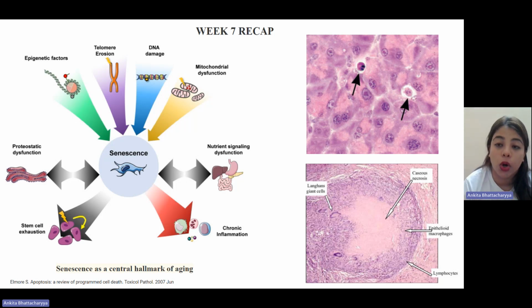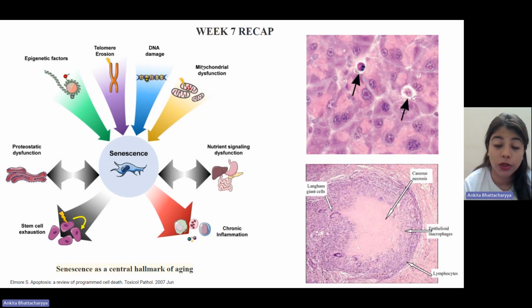They can both be the cause as well as the effect of senescence, and therefore the indication has been shown as double-headed arrows. So again, this was part of the reviews, one of the oldest reviews that discusses the topic of senescence as well as aging, and you can look it up for your understanding and for your interest if that's something that you wish to pursue in the future as well.